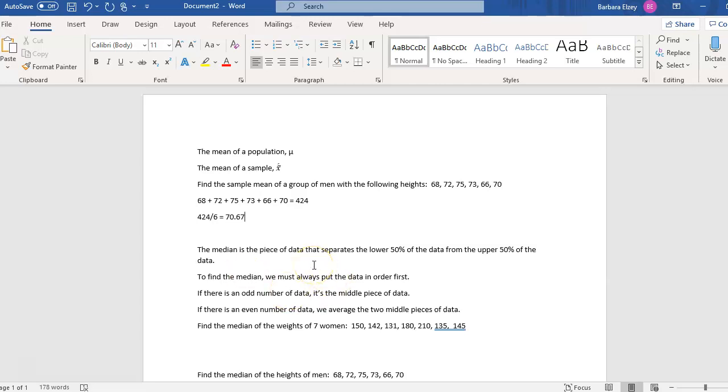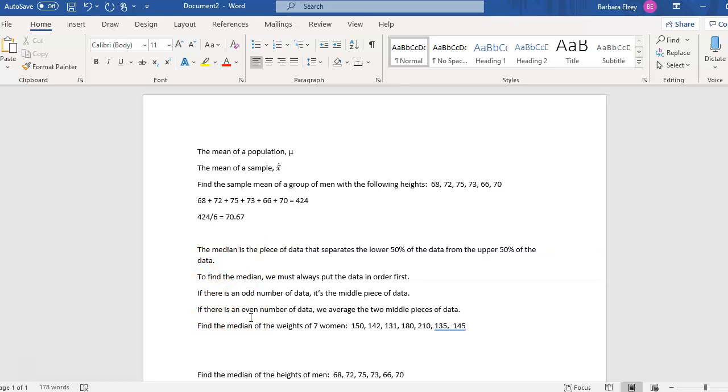All right, now let's go on to another measure of center called the median. The median is the piece of data that separates the lower 50% of the data from the upper 50% of the data. In other words, if we line up all the data, the median will have the same number of data to the left of it and the same number of data to the right of it. So let's notice I've listed some steps to finding the median.